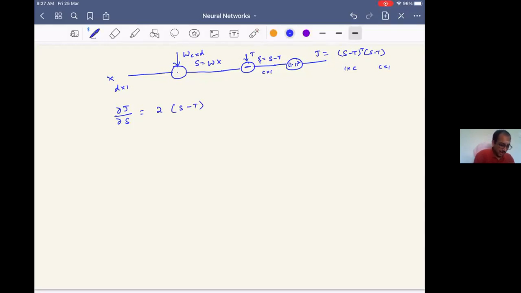Okay, and then what is next asked? Dou S by dou SK by dou WJK. This, so many of you have written lengthy essays on this, writing so many expansion steps and so on.